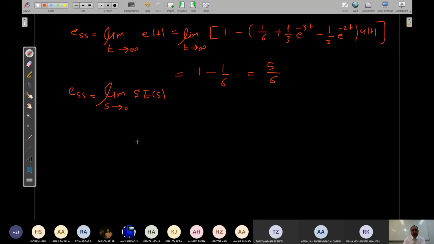Good. Now, e of s equal to what? If I need to evaluate the steady state error using e of s, I must find e of s. E of s equals r of s minus y of s.